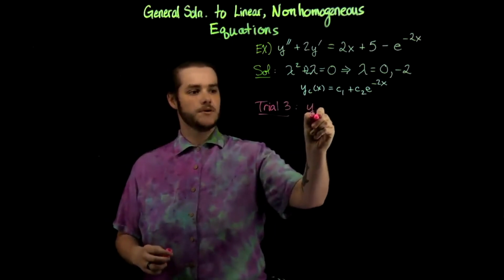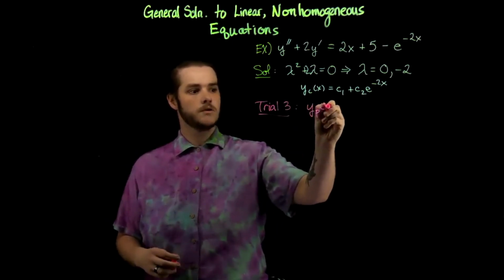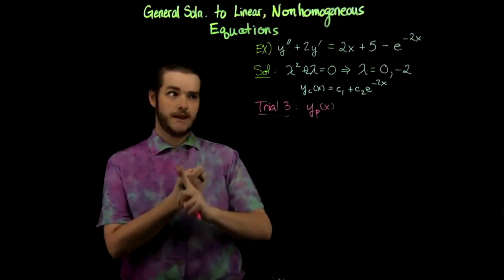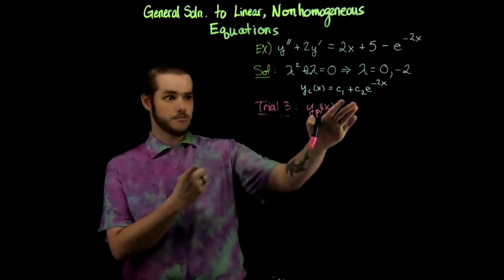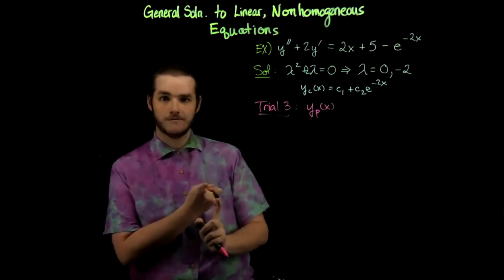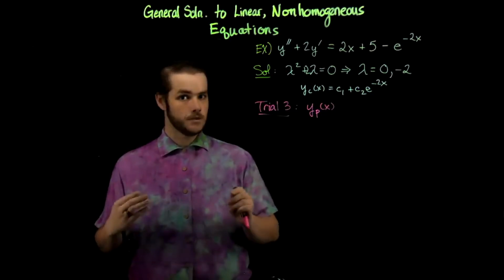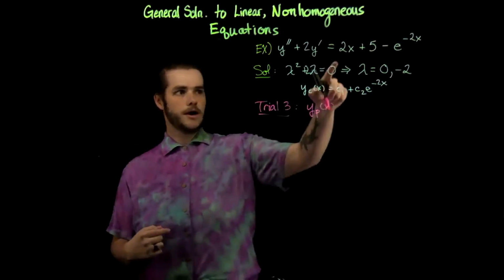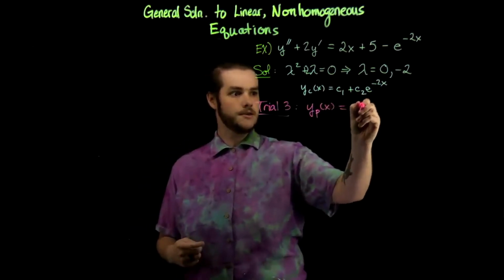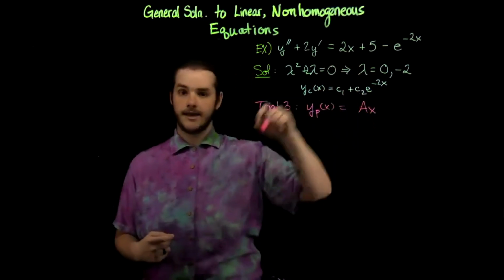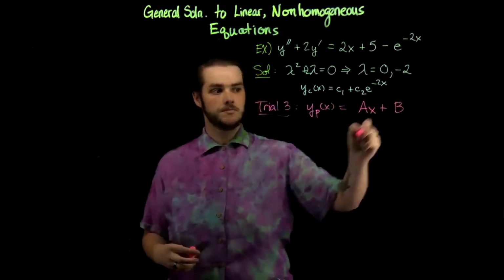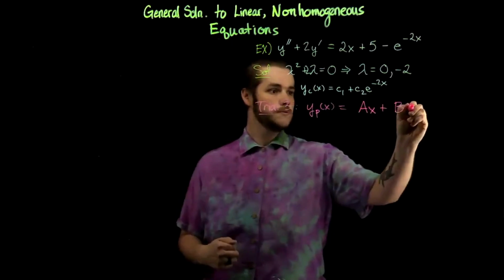When I set up yp, my trial solution, I want to be sure, A, that everything in the right-hand side is reflected in my trial, and B, I don't repeat any information given to me by the complementary solution. So, I know for sure I need to have a term with x, right? I need ax. I need a constant. Here's my constant piece.